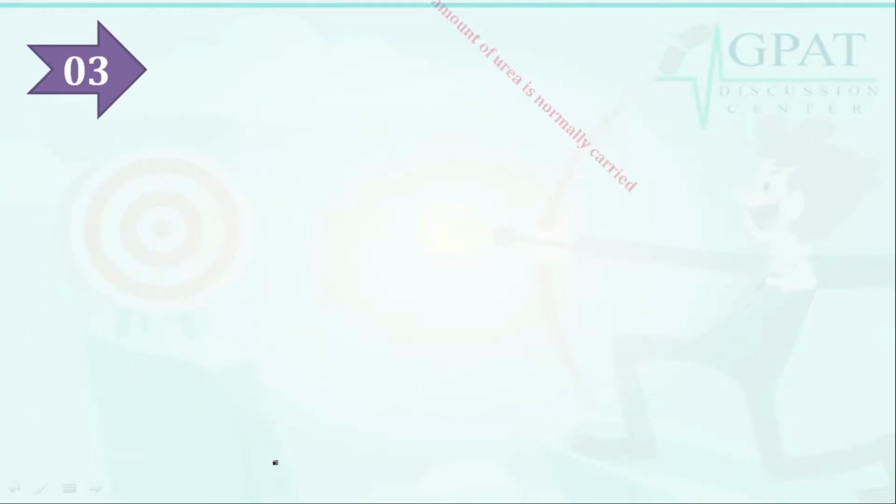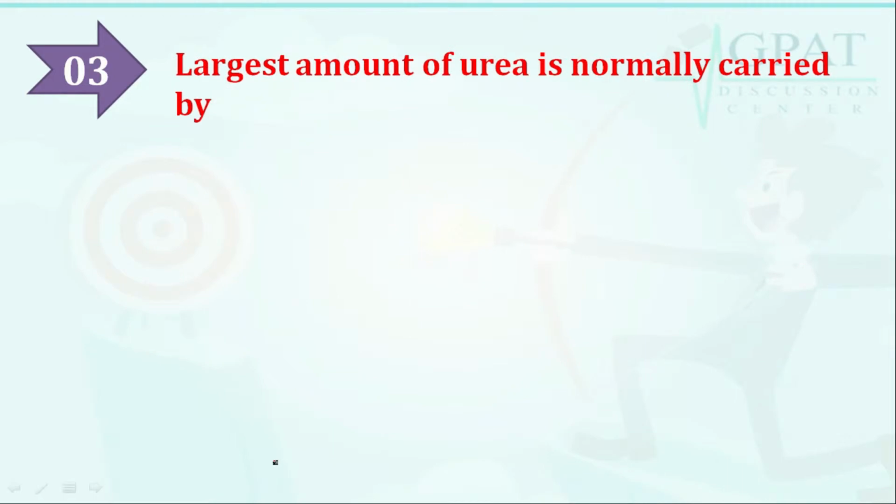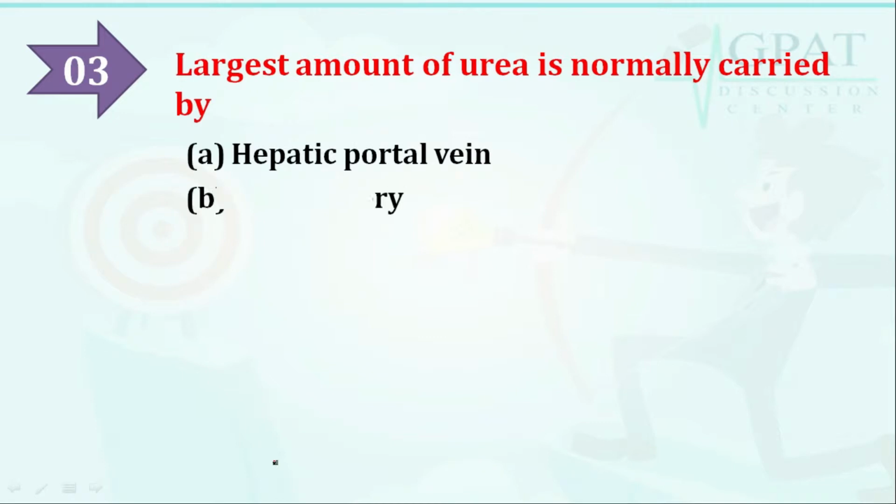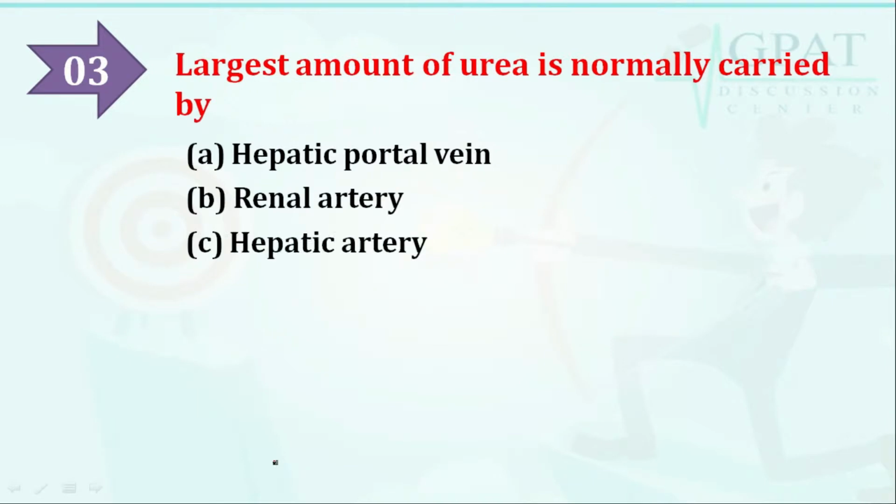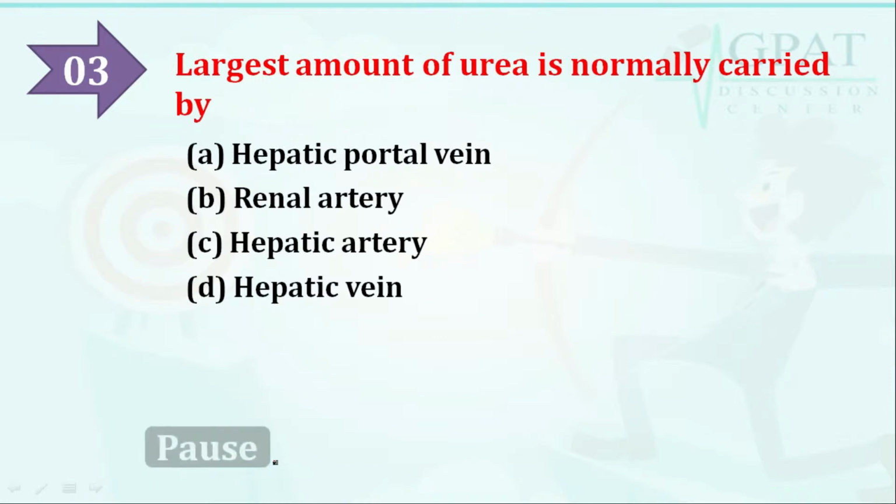So the next question is: the largest amount of urea is normally carried by, and the options are option A hepatic portal vein, option B renal artery, option C hepatic artery, or option D hepatic vein. So the largest amount of urea is normally carried by which vein or which artery?